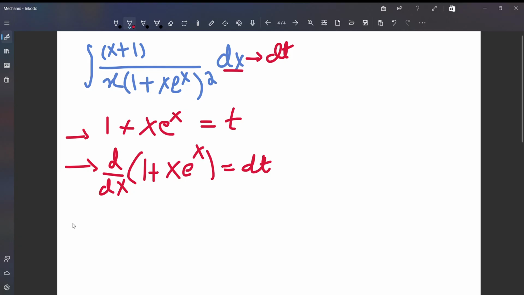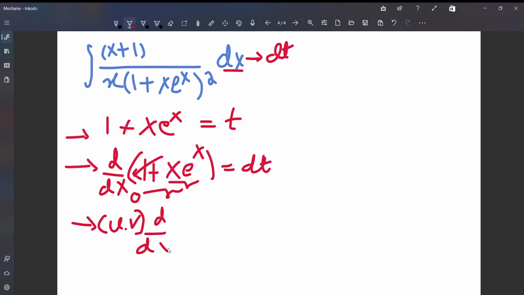Right, so let's just differentiate our function here. Derivative of a constant is 0, and derivative of x e power x is an interesting one. For those who don't know, for u into v, where u and v are two terms, the differentiation is going to be v u dash plus u v dash.